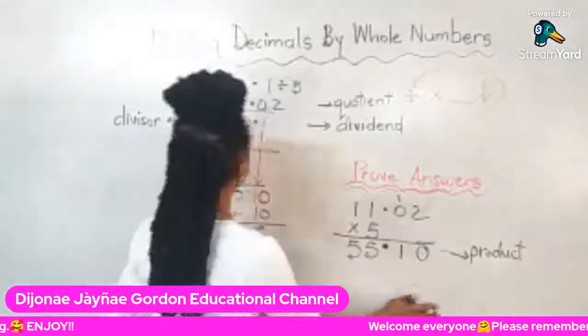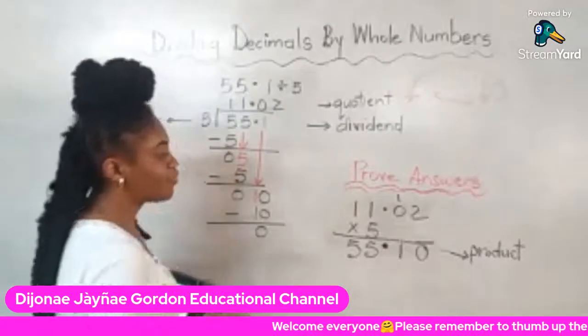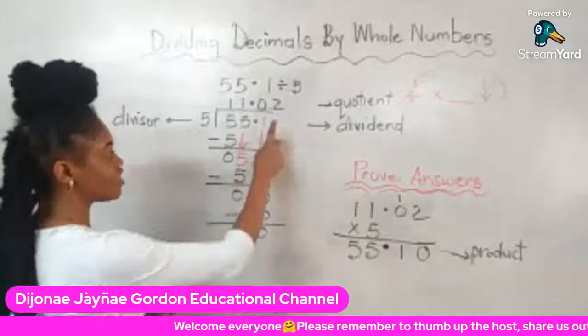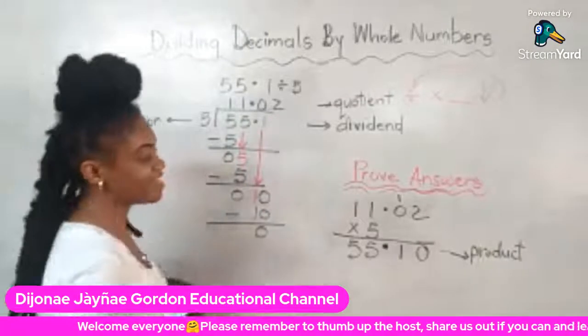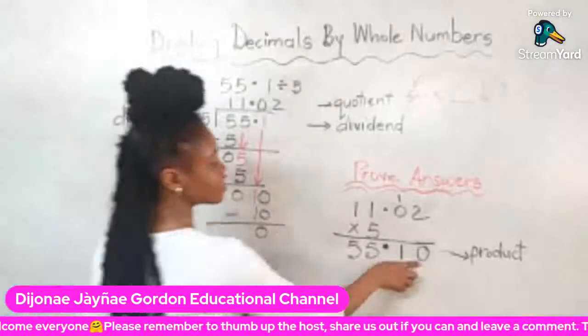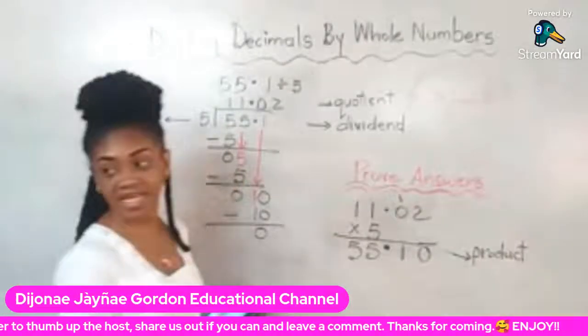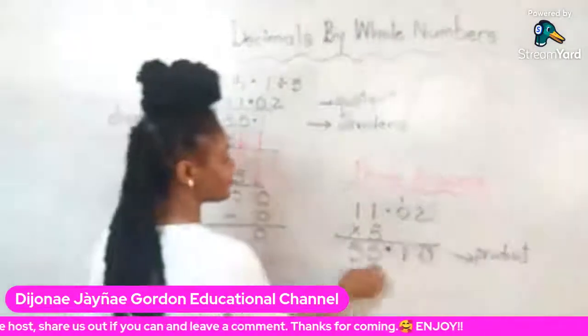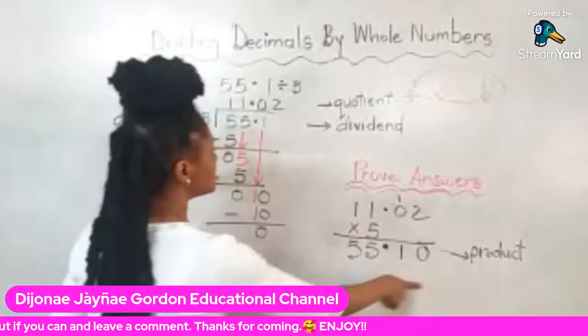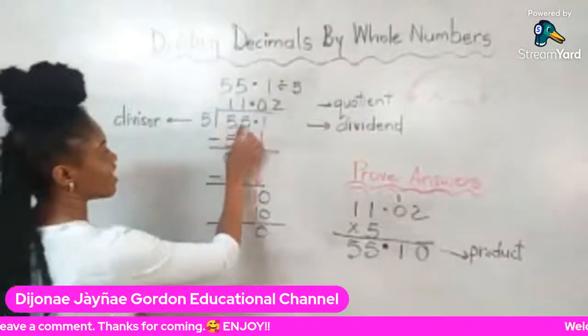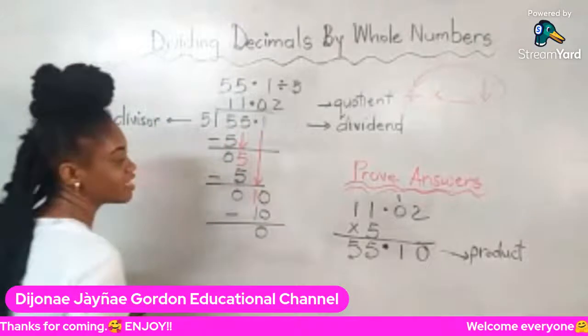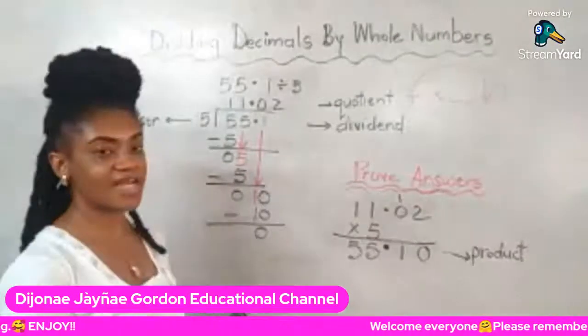So, of course, check to see if your product is the same thing as your dividend. And of course, we have a 0 at the end, which is just a placeholder. And it is correct. 55.10 is the same thing as 55.1. And of course, our answer is correct.